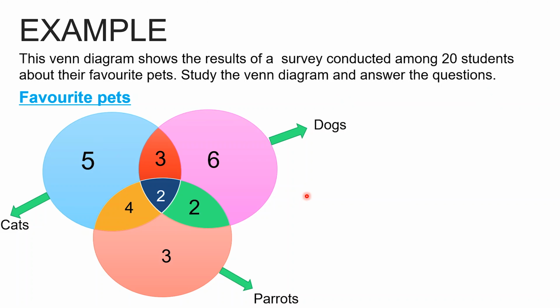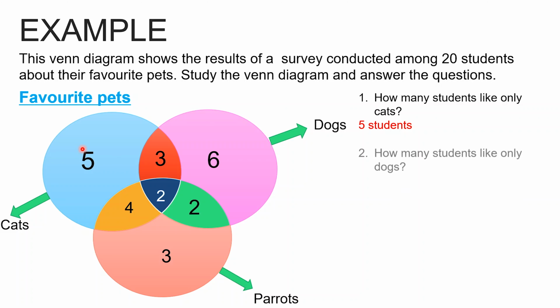Question number 1. How many students like only cats? 5 students. Question number 2. How many students like only dogs?